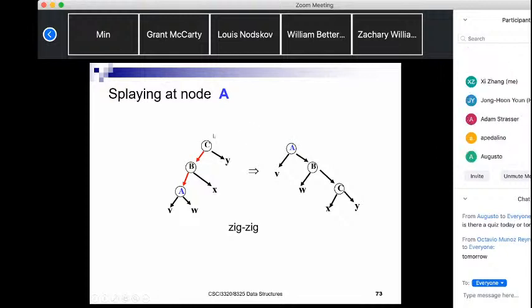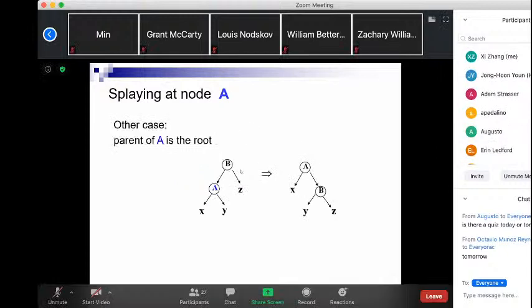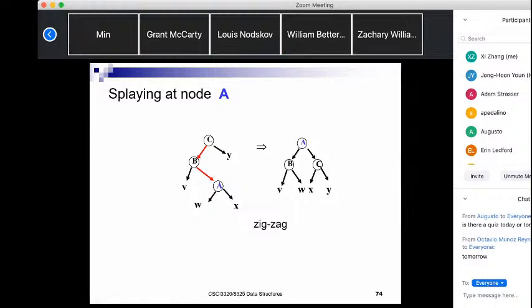And there is a zig-zag rotation. For a zig-zag rotation, it's nothing but double rotation in an AVL tree. So you already have this idea, right? The grandchild will replace the root of the subtree, and B should be smaller than A, so B should be the left child, C should be the right child of A, right?